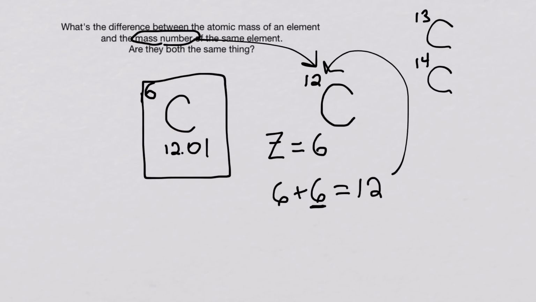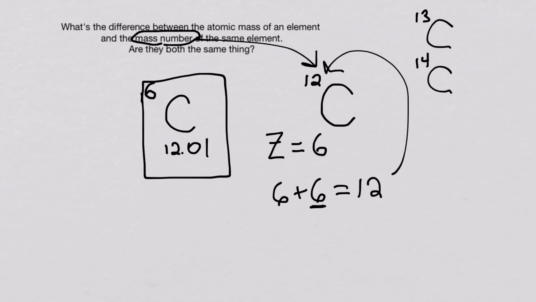Some of that carbon in your sample will be carbon 12, some of it carbon 13, some of it carbon 14. Each one of these has a different atomic mass, which would literally just be how massive all of its particles were if you added them all together, accounting for mass defect. Then overall, you get an average atomic mass based on how many carbon 12s, how many carbon 13s, and how many carbon 14s are in that sample.